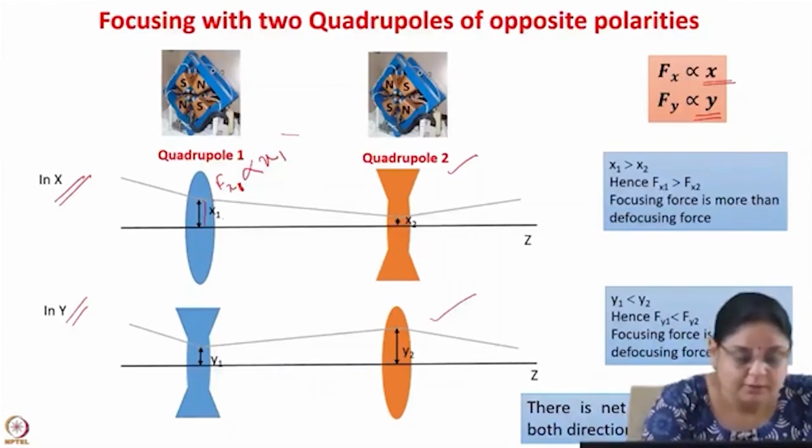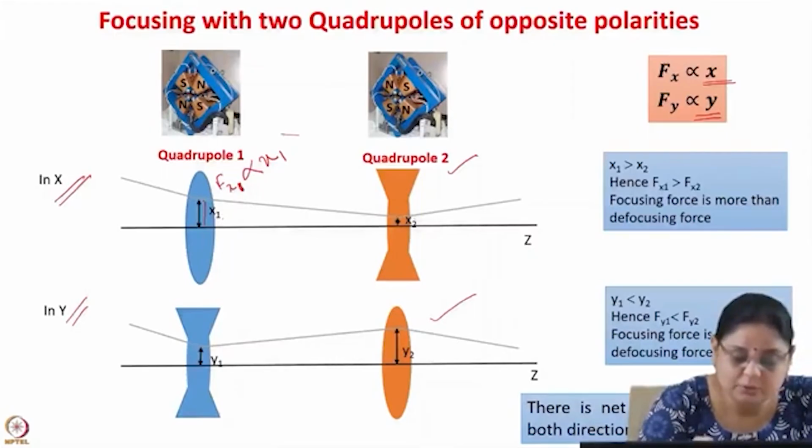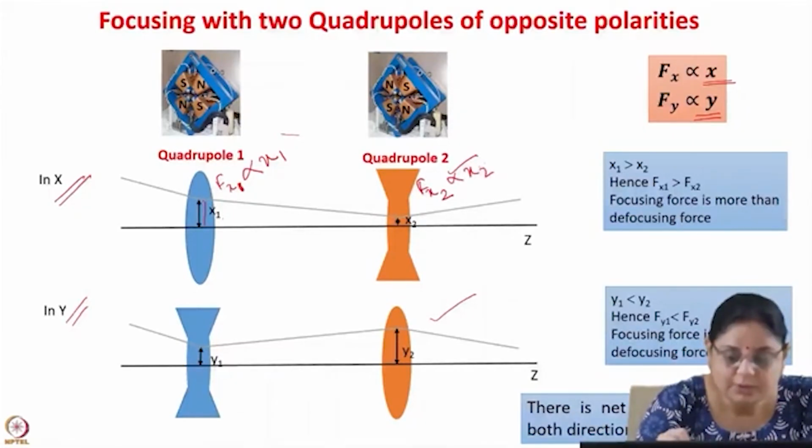This being a focusing quadrupole will focus the beam, and then it passes through the defocusing quadrupole, which will defocus the beam. In this defocusing quadrupole, the distance from the axis is x2. So the force acting on the charged particle is Fx2, which is proportional to x2. Now notice that x1 is greater than x2.